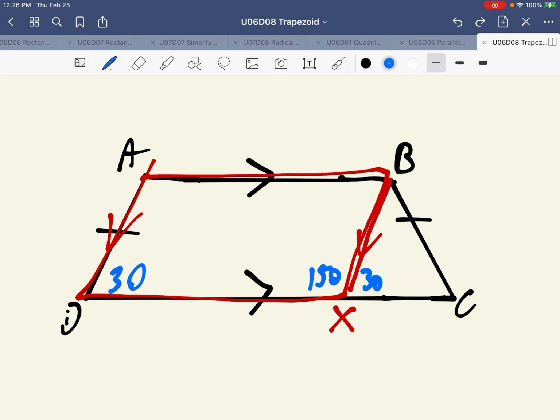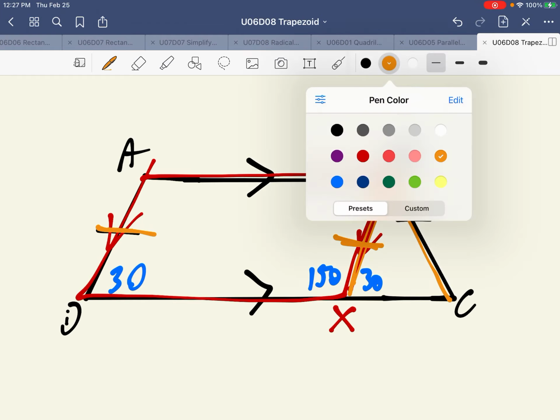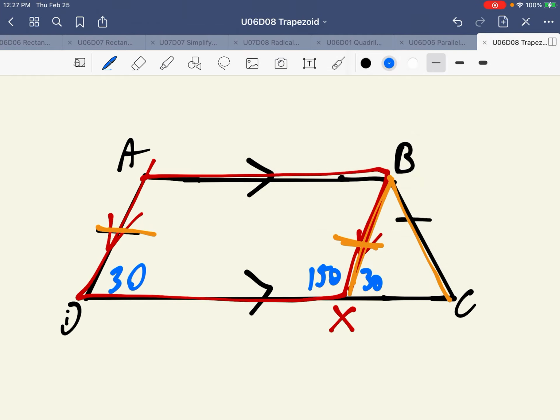And because it's now a parallelogram, the opposite sides of the parallelogram are congruent, which makes BX congruent to BC by the transitive property, making this into an isosceles triangle. And if this triangle is isosceles, this angle will also measure 30.